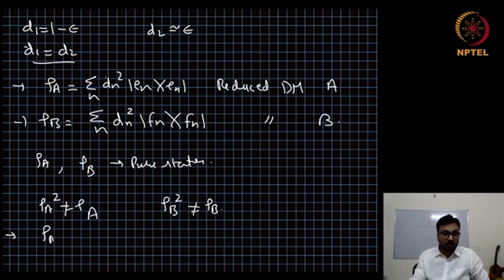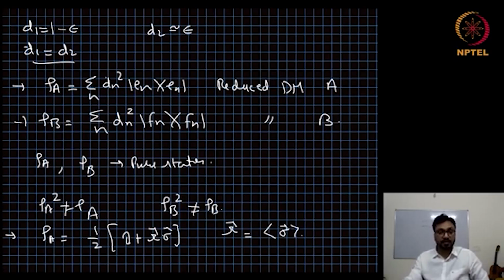The state rho A for a single qubit can be written as 1 over 2 times identity plus r dot sigma, where the r vector is the vector of expectation values of the sigma matrices, the Pauli matrices. Now, if we recall the concept of the Bloch sphere, then we know that when the r vector mod equals 1, that implies a pure state. When the r vector mod is less than 1, then it's a mixed state.